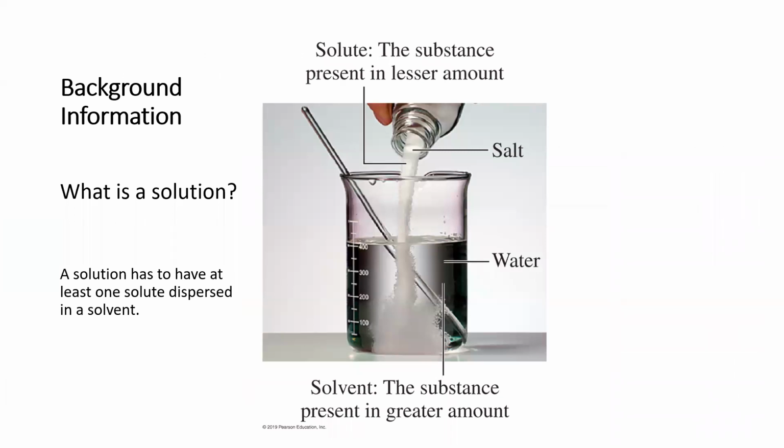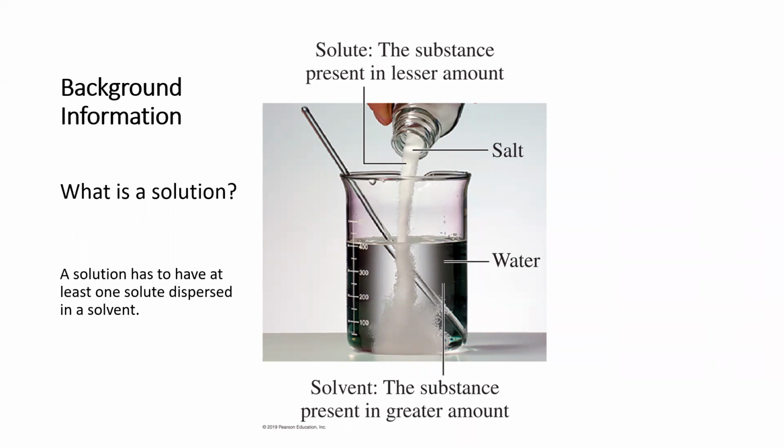So let's start with some background information. First, when we say tap water and seawater is a solution, what does that mean? Well, a solution has to have at least one solute dispersed in the solvent. The solute is usually the substance present in lesser amount, and in this picture, it's the salt.